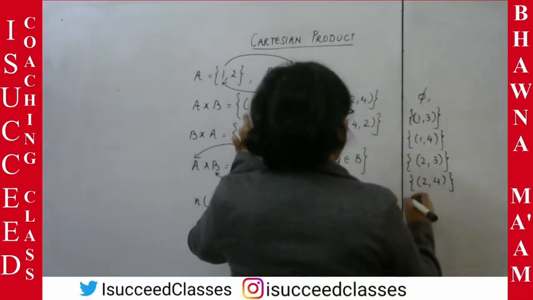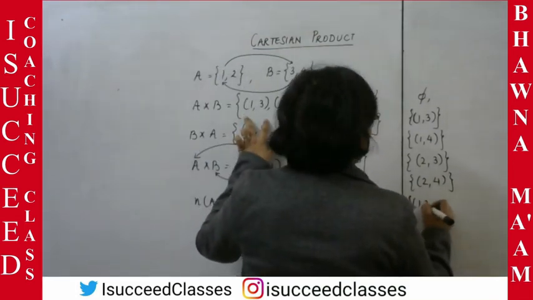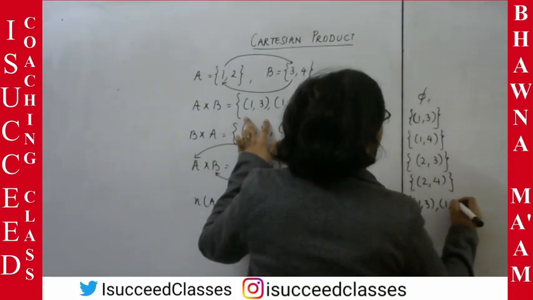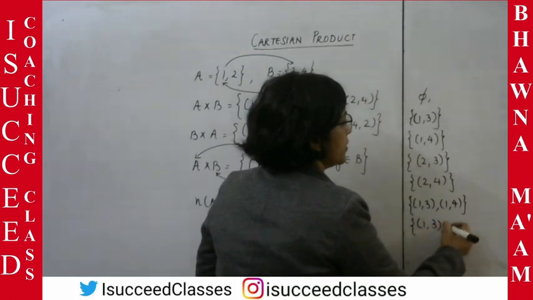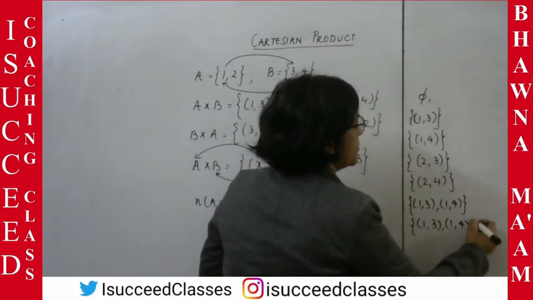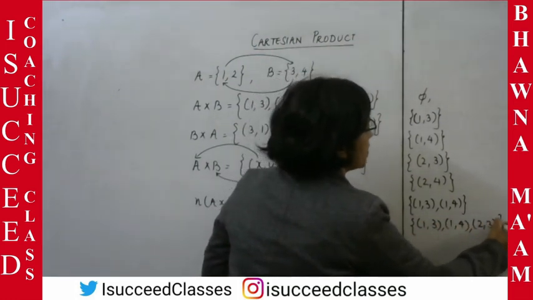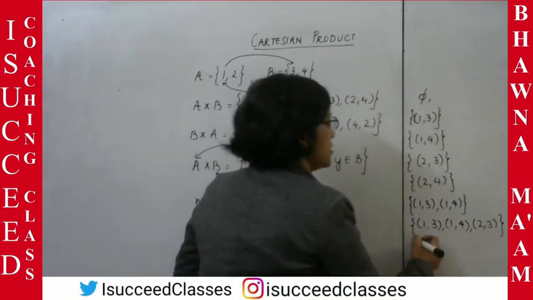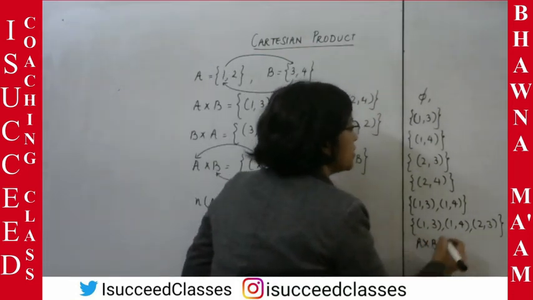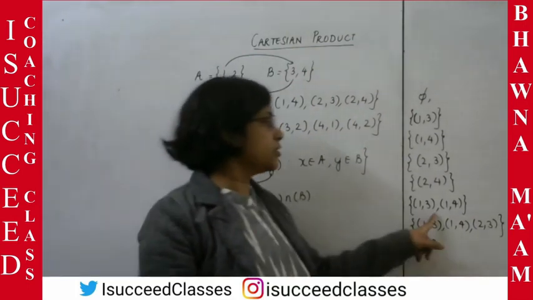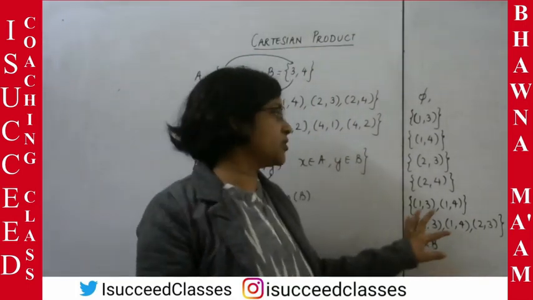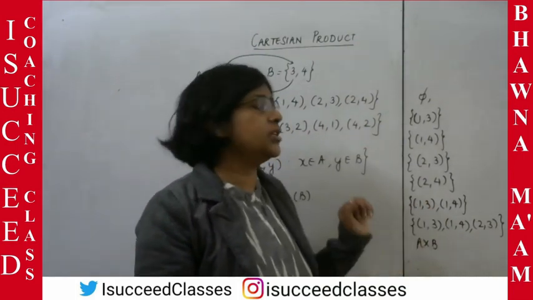Now we can write subsets with 2 elements. Then we would write the subsets with 3 elements, and the subset with 4 elements. There are more subsets with 2 elements and 3 elements. I have just written one example of each.